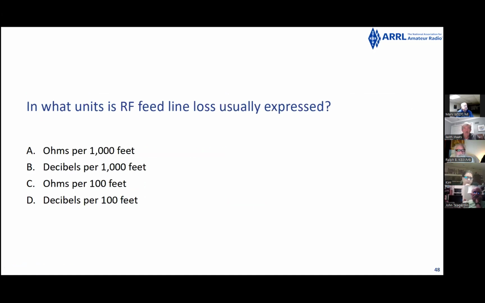In what units is RF feed line loss usually expressed? Ohms per 1,000 feet, decibels per 1,000 feet, ohms per 100 feet, decibels per 100 feet. D. Yeah, D.